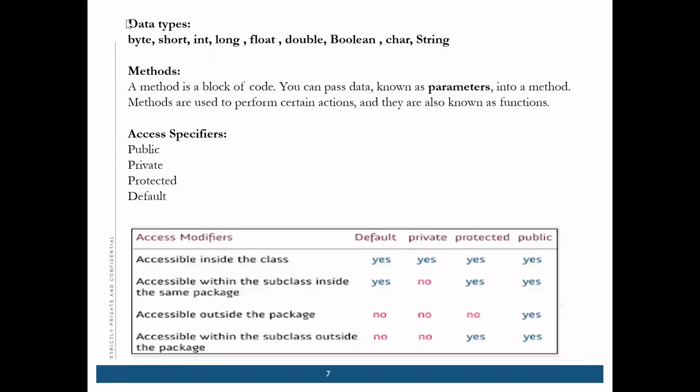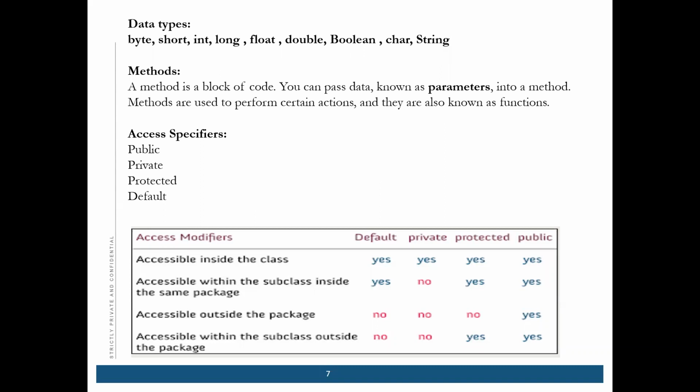In Java, what are the different data types we use? Can anyone from the previous batch tell? This is also a very important interview question. Byte, short, int, long, double, boolean, char, string, also. Where do we use byte, where do we use short, where do we use int?